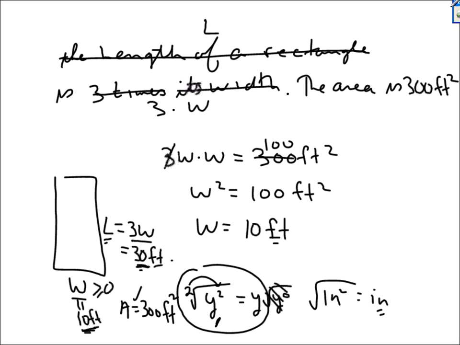In terms of the word problem, converting the words to an equation, or translating the words to algebra, don't panic. The length of a rectangle, L, equals 3 times the width. Oh, that's W. L equals 3W.